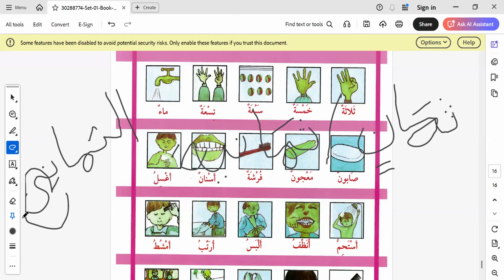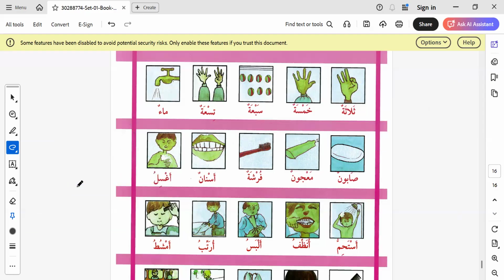In the rafa case, it's going to end in the ya. But when you have it in the nakira form, the ya goes away and you have this kasra remaining, and that's why we have thamanin. And when you add the ta, the ya comes back. So it becomes thamaniya, thamaniyatun.